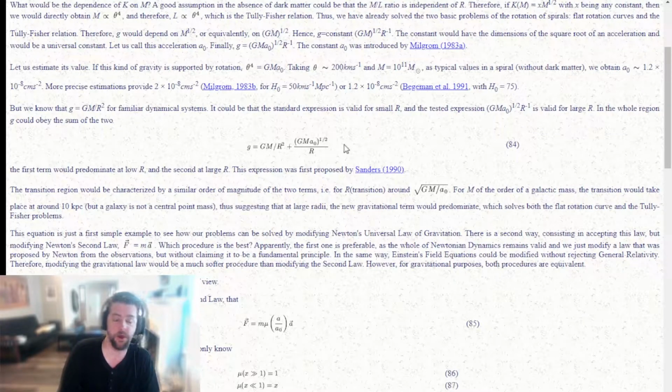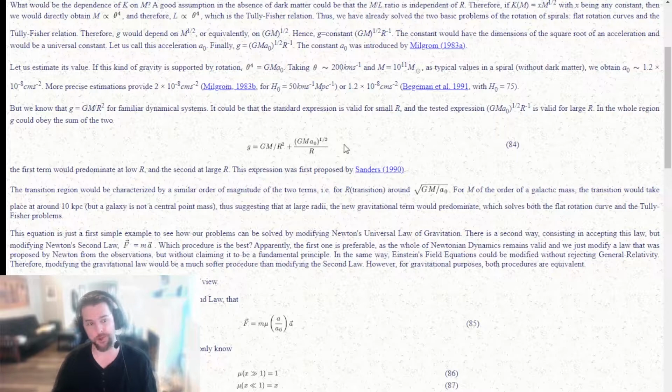You can make this work on a galactic level. So you can say, for whatever reason that we don't understand, gravity changes its fall-off rate after a certain distance or size. And things get changed.